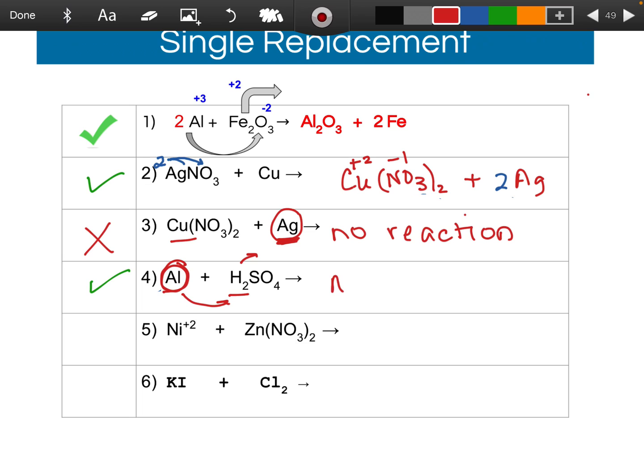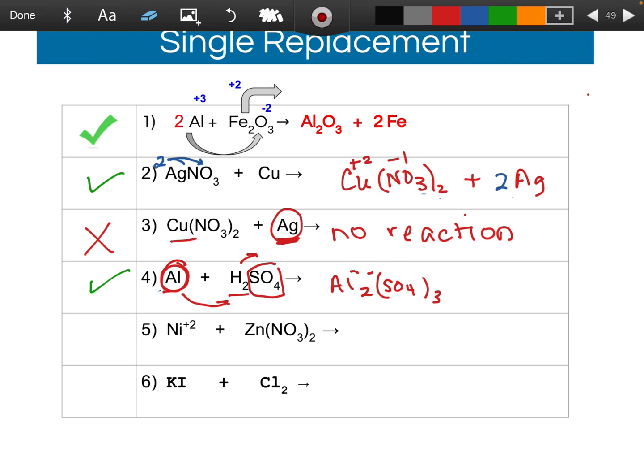Aluminum, which is +3, is going to replace hydrogen, so it is going to combine with sulfate. And sulfate is -2. So first we have to balance out these charges. 2 and 3 both go into 6, so we would need 2 aluminums and 3 sulfates.